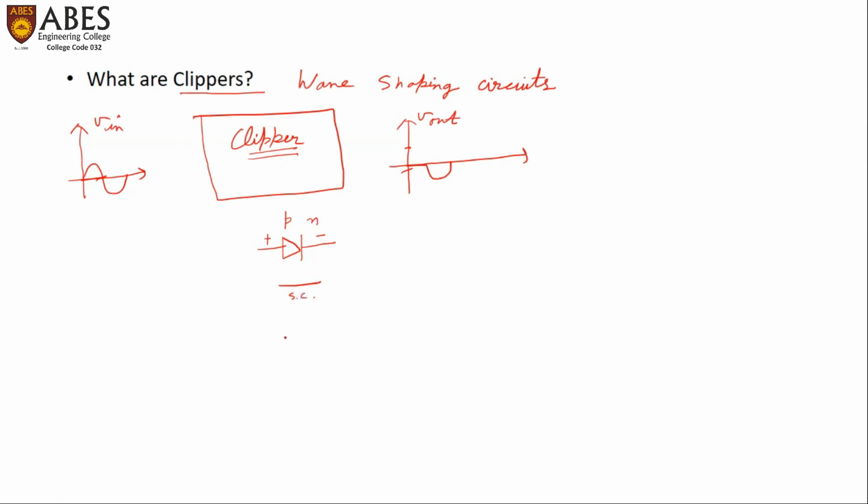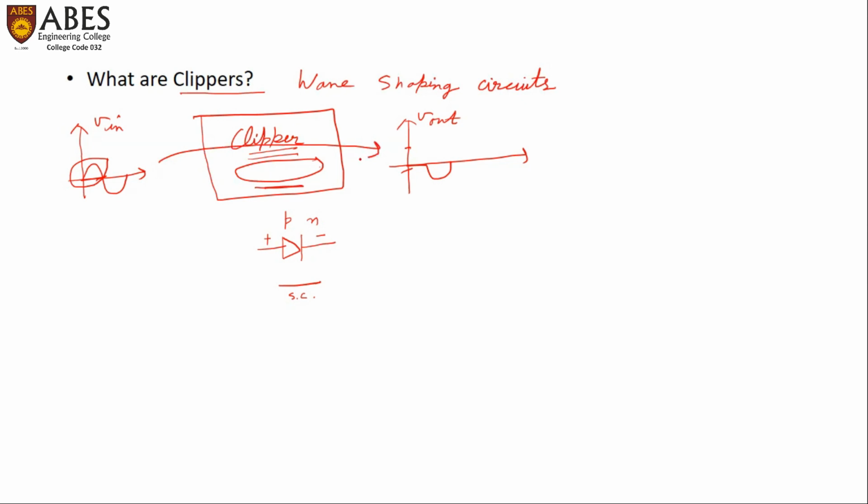So if we want to pass any portion of the signal, we place a diode in the clipper circuit such that the diode becomes short circuited and can pass the signal to the output side wherever we want.